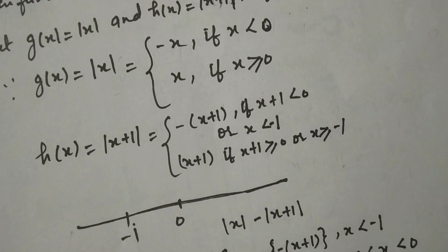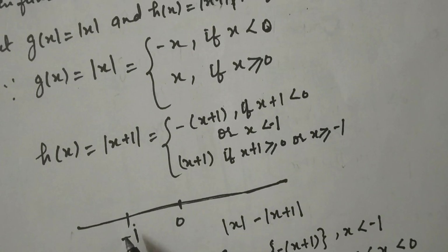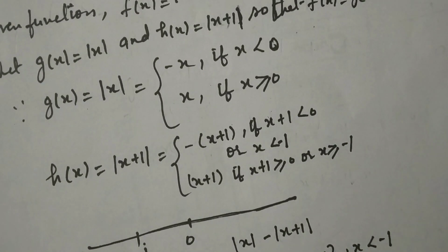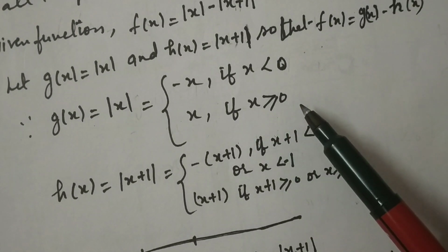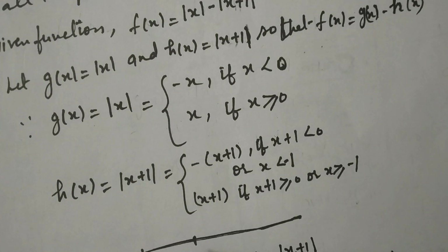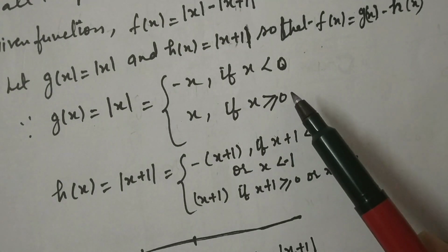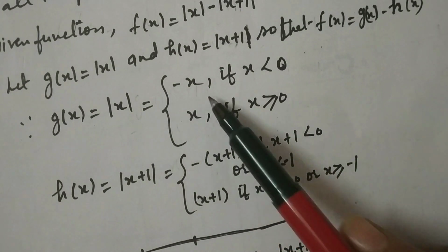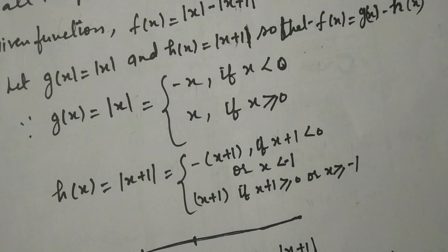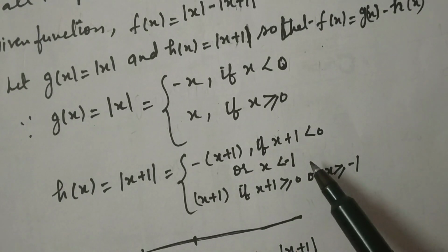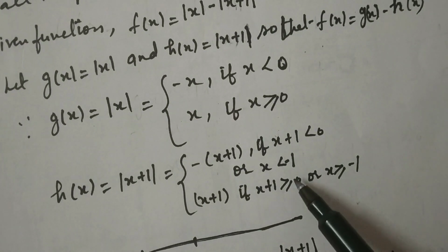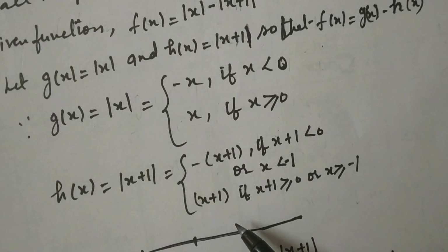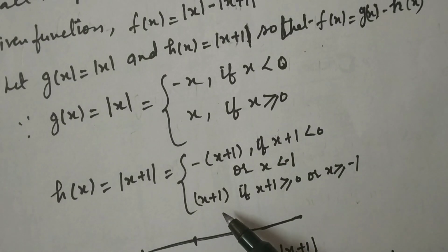Then I come to the values between 0 and minus 1. For this interval, g(x) is less than 0, so it will come minus x, and for h(x), for x greater or equal to minus 1, it will come x plus 1.